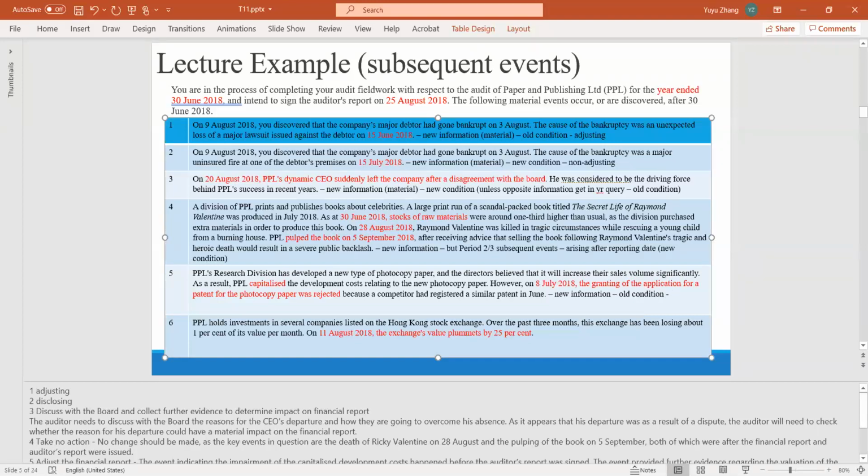So adjusting or non-adjusting? Non-adjusting. Oh, sorry, adjusting, sorry. So adjusting, okay.